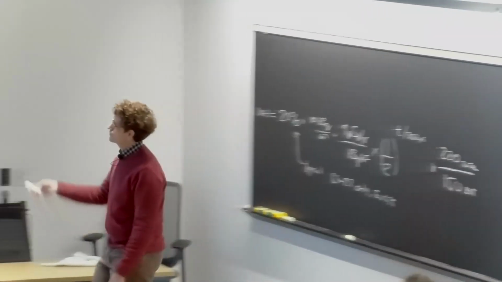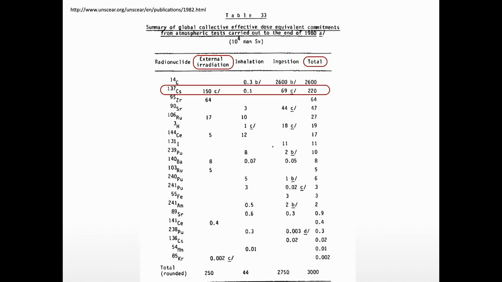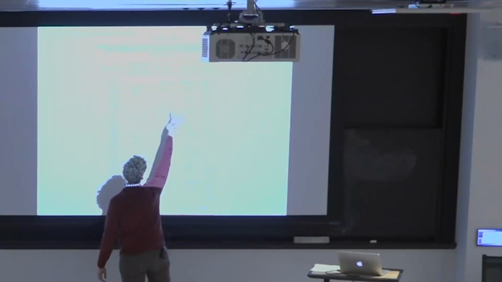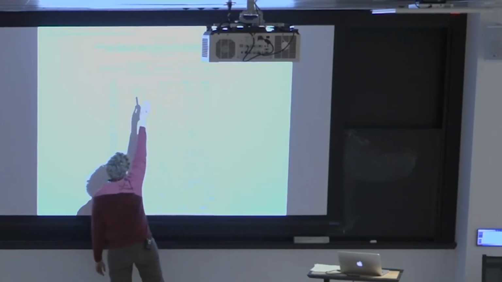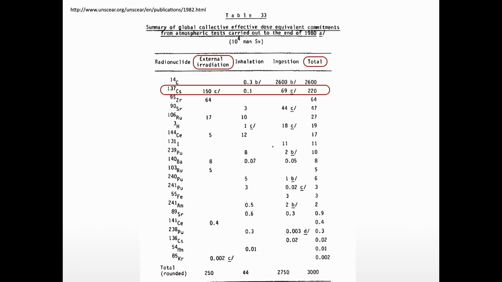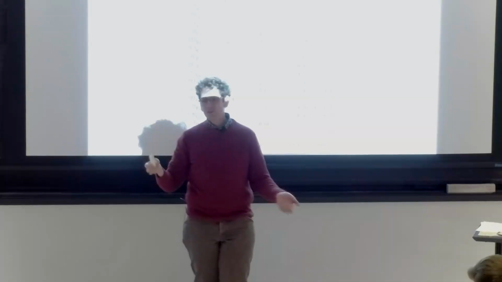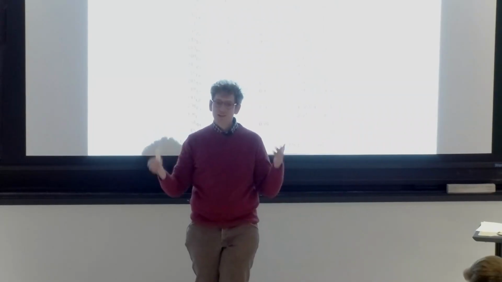And they have this chart that says for 150 times 10 to the 4 man-sieverts from external irradiation, we would have 220 total. And basically this is just a scaling factor.